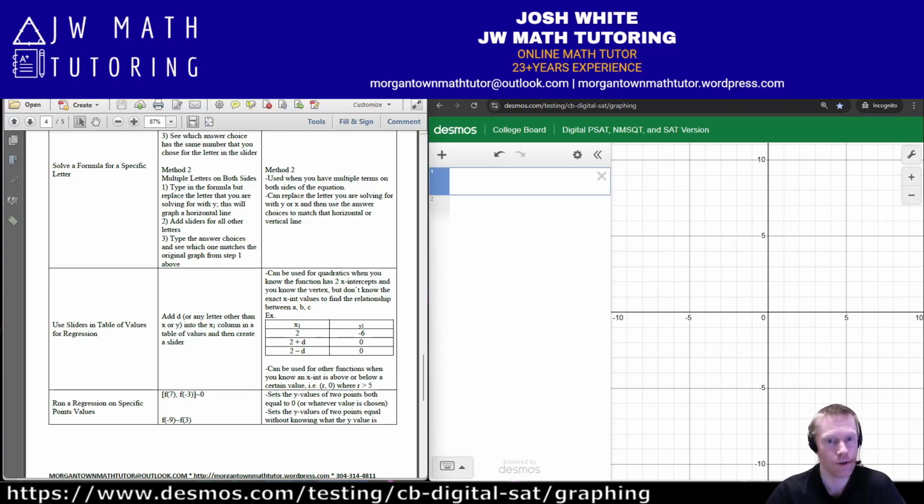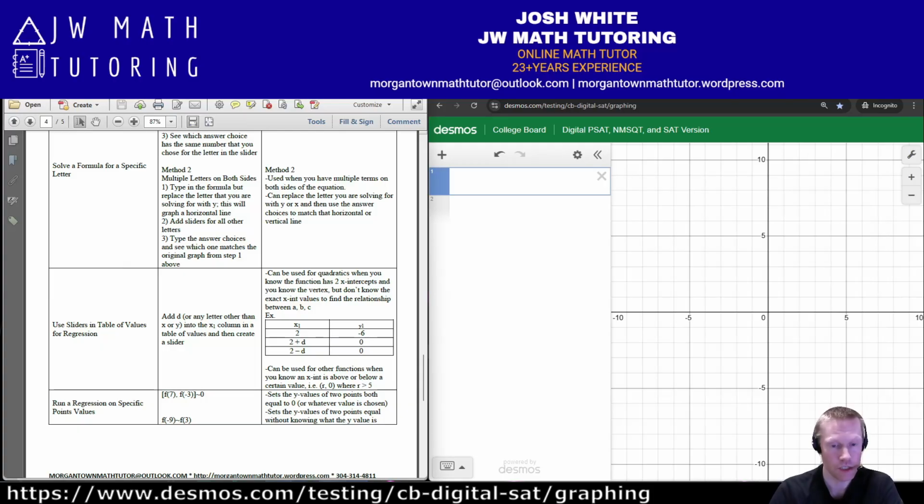So essentially, in this example in the document, the far right column is geared specifically towards a quadratic example. In your table of values, your x1, y1, you're just going to put some letter in there, could be D, could be whatever you want, and then add a slider.